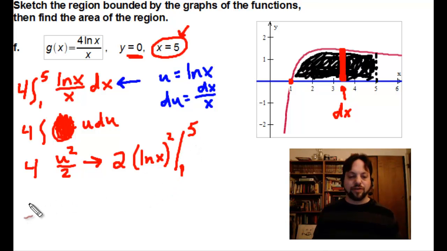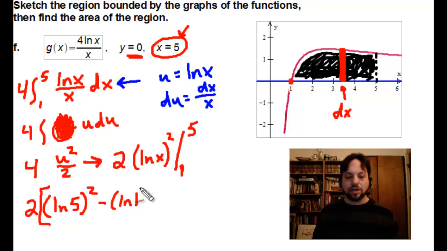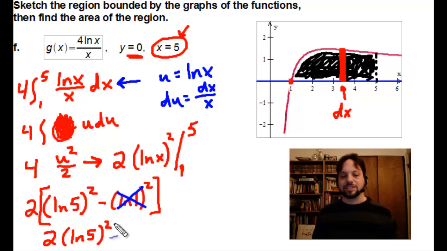So evaluating this from 1 to 5, I have 2 natural log of 5 to the second power minus the natural log of 1 to the second power, and of course that's simply going to give me 2 times the natural log of 5 squared, in that the natural log of 1 is actually just 0. So there we go. There's no more simplification I can do to this.